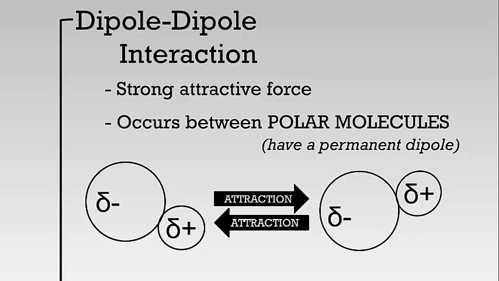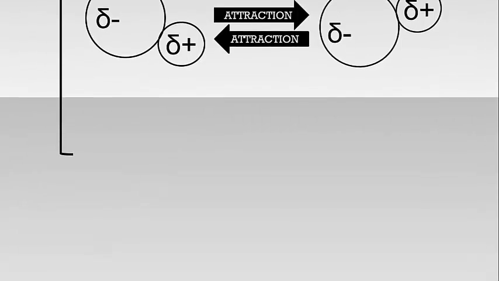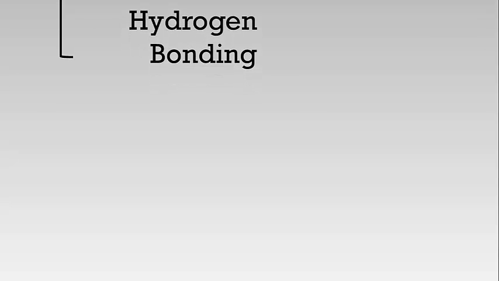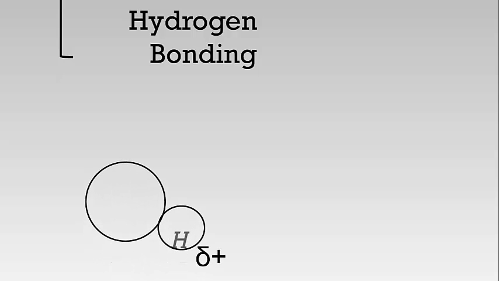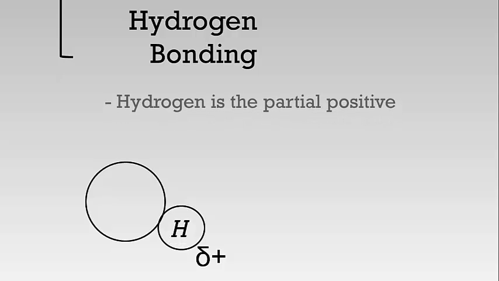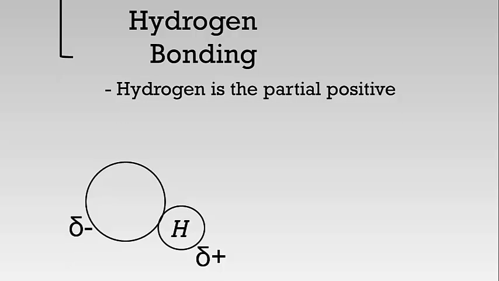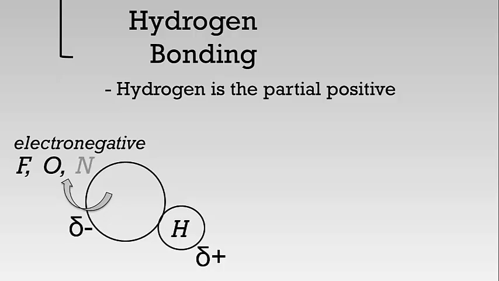Now, a subset of dipole-dipole interaction would be hydrogen bonding. So hydrogen bonding is a specific case of dipole-dipole interaction. We call it hydrogen bonding because hydrogen makes up the partial positive charge, and the partial negative is going to be some highly electronegative atom, such as fluorine, oxygen, or nitrogen.